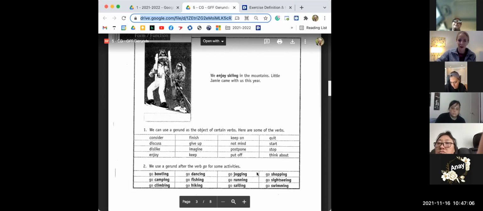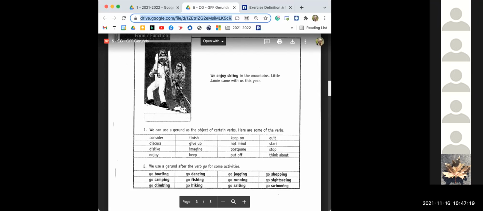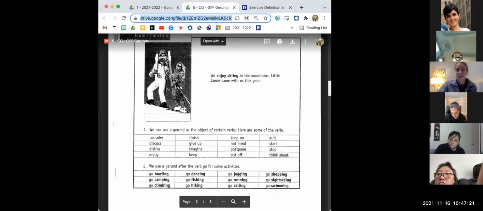Any questions about these verbs plus the gerund? Yes, Sarah. We can say I love having something, or we can say having as a gerund. You can. I love having a little sister.